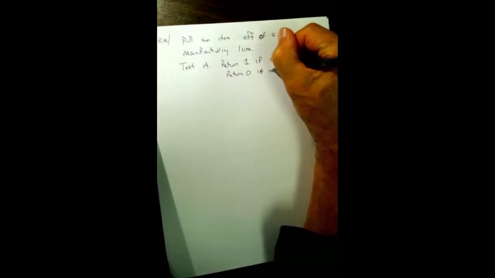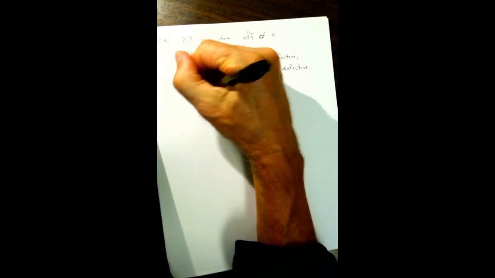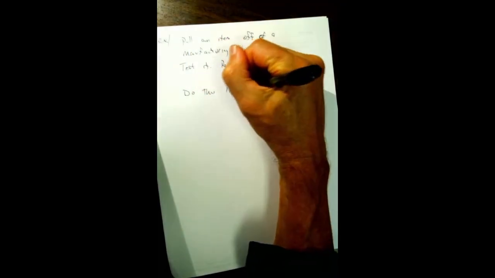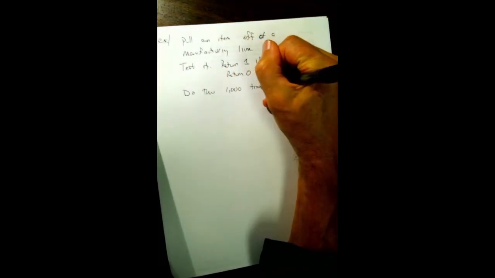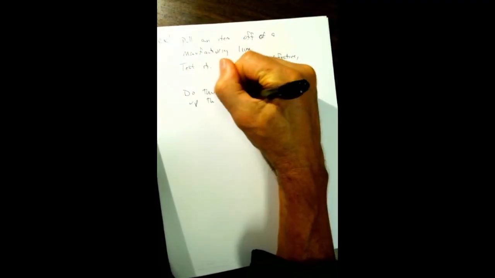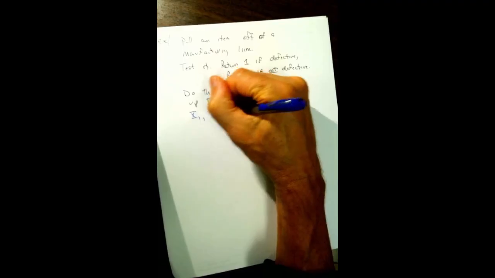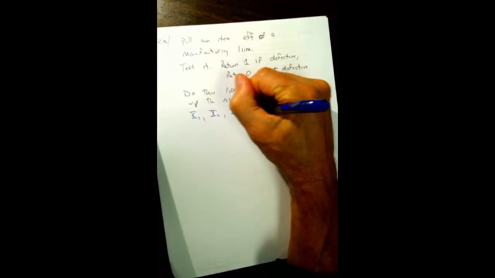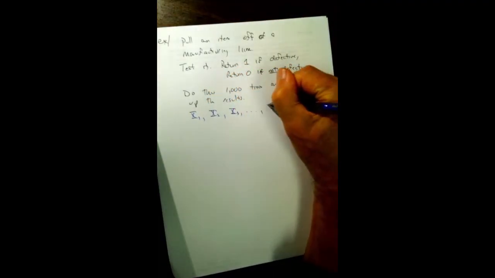Otherwise, I'm going to return a 0. I'm going to do this 1,000 times and add up the results. Okay, so in this example, x1 is the first thing that I pull off the line, x2 is the second thing I pull off the line, and I keep doing this 1,000 times.